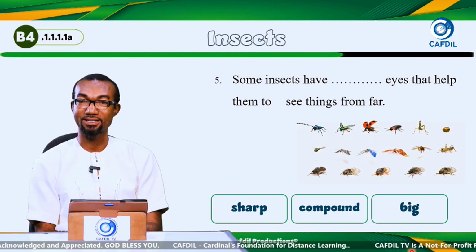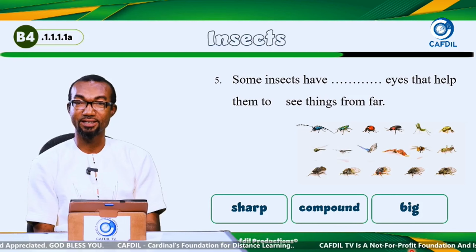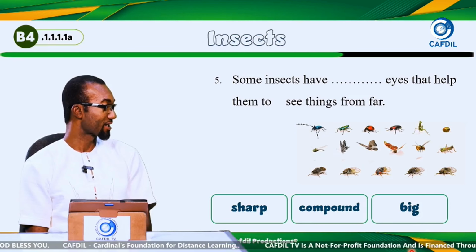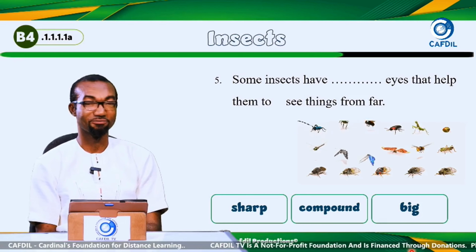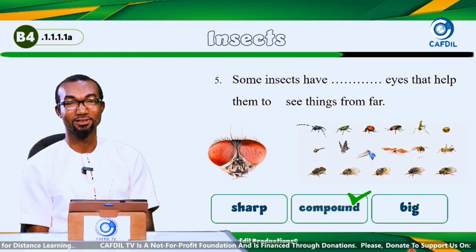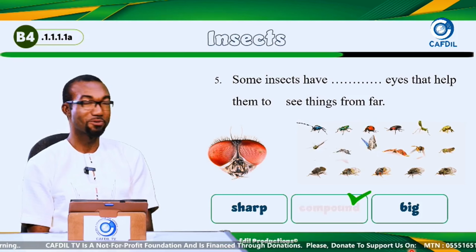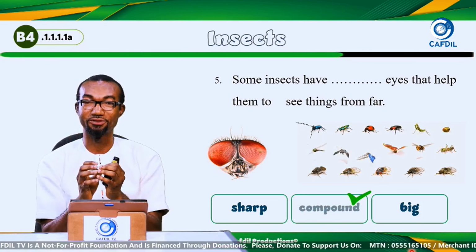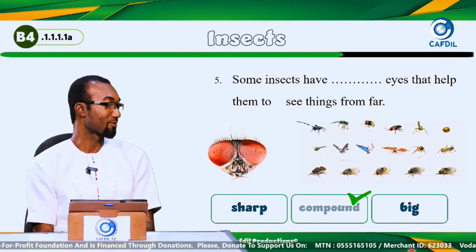We have sharp, we have compound, we have big. Good. The answer is compound. And when we say compound, it's a lot of individual eyes grouped as one.